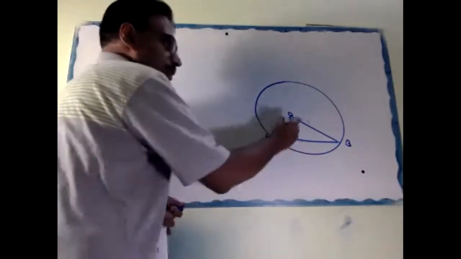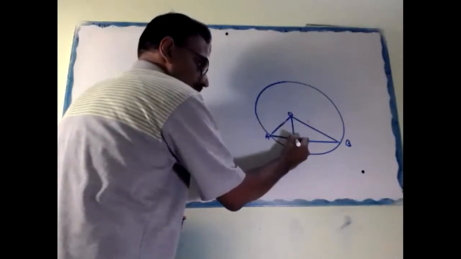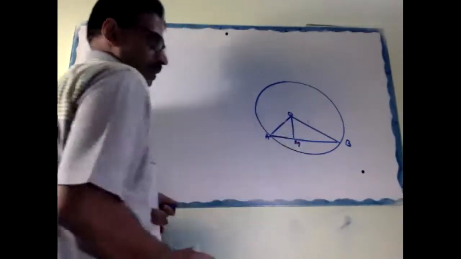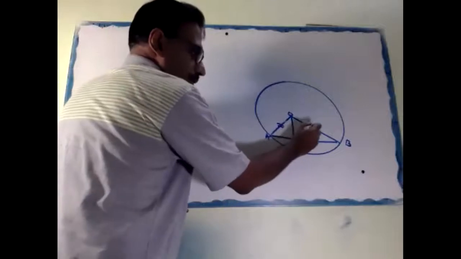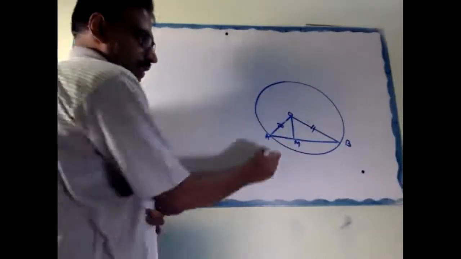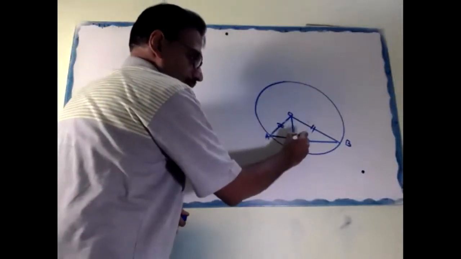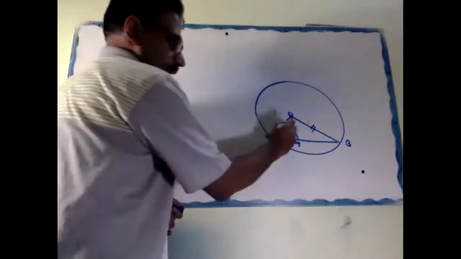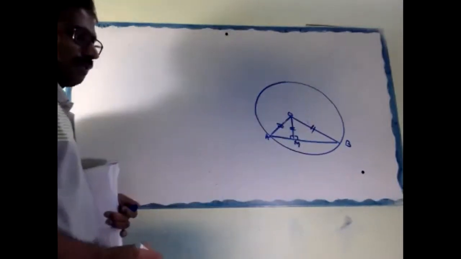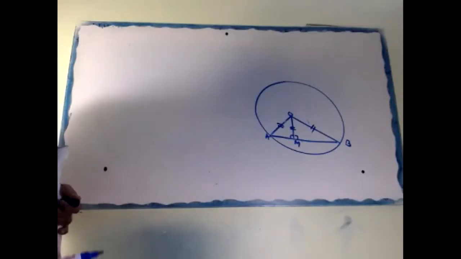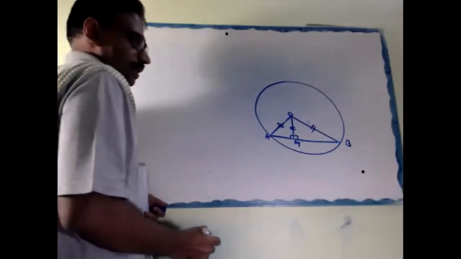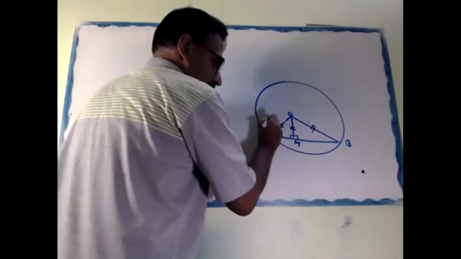We just draw a perpendicular, M. Now OA equal to OB, radius, and 90, 90 by construction. Then this is common. By RHS congruency, these are congruent.